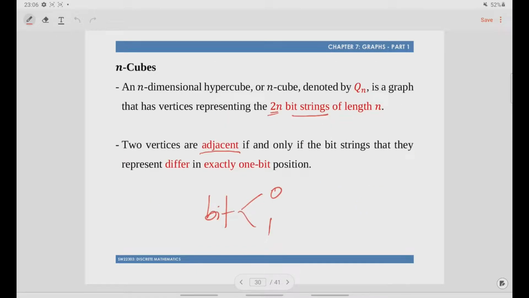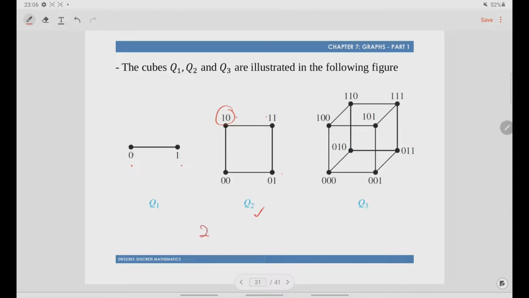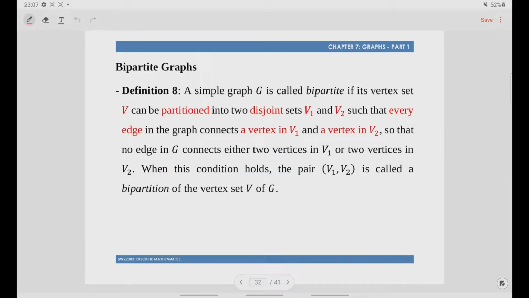Because n equal to 2, we have 2^n equal to 4 bit strings, each of length 2. So we are just following the definition. I think we finished with the cube.